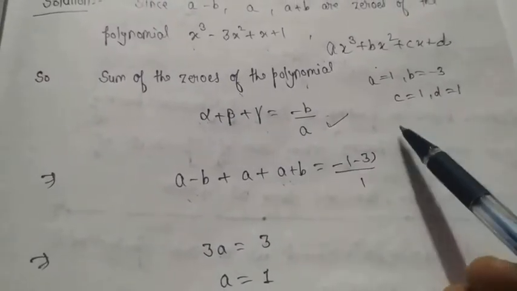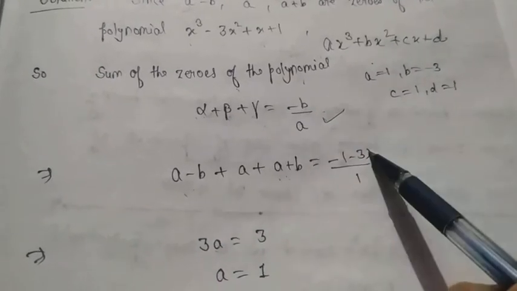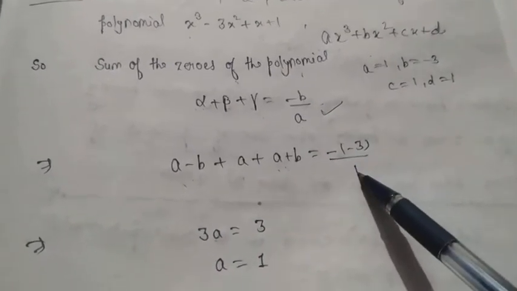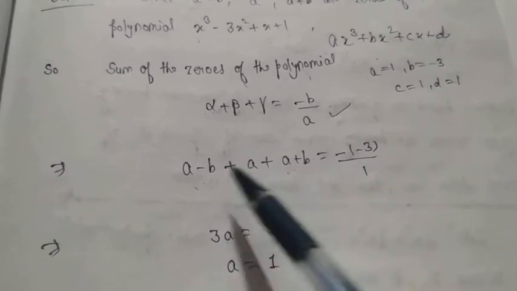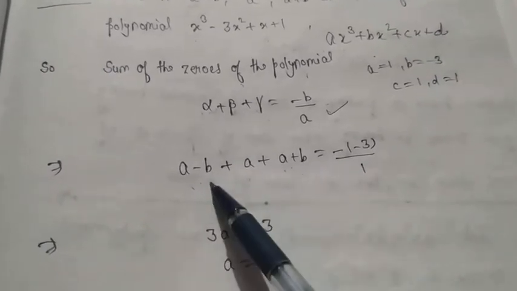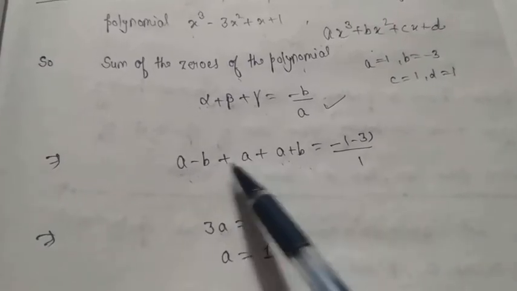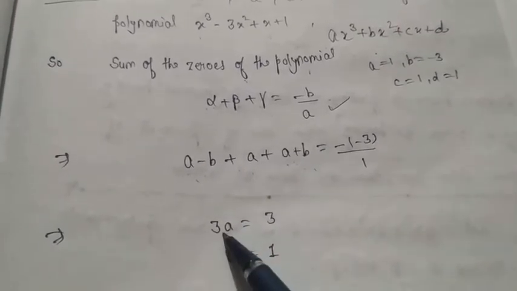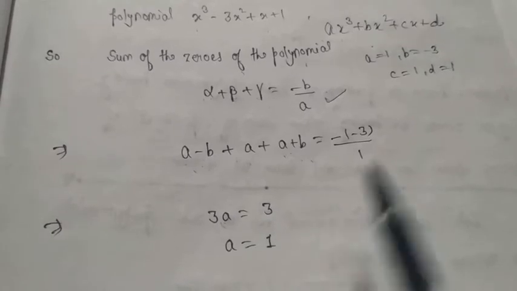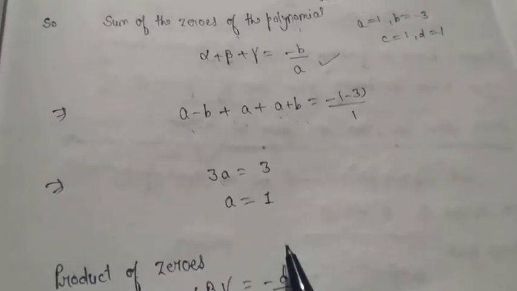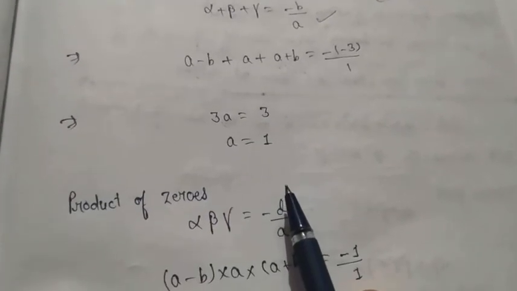Okay, and in this side the value of b is minus 3 and the value of a is 1. When you will solve it, this b will cancel and only a will be left. So a plus a plus a will be equal to 3a, 3a will be equal to 3, so a will be equal to 1.